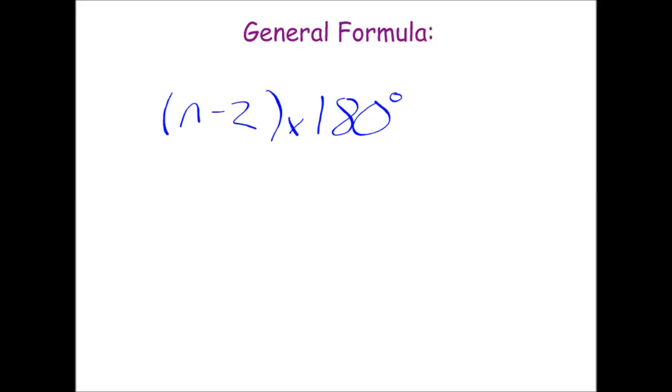So this leads us to this general formula: a polygon with n sides, the interior angles will add up to n minus 2 times 180 degrees.